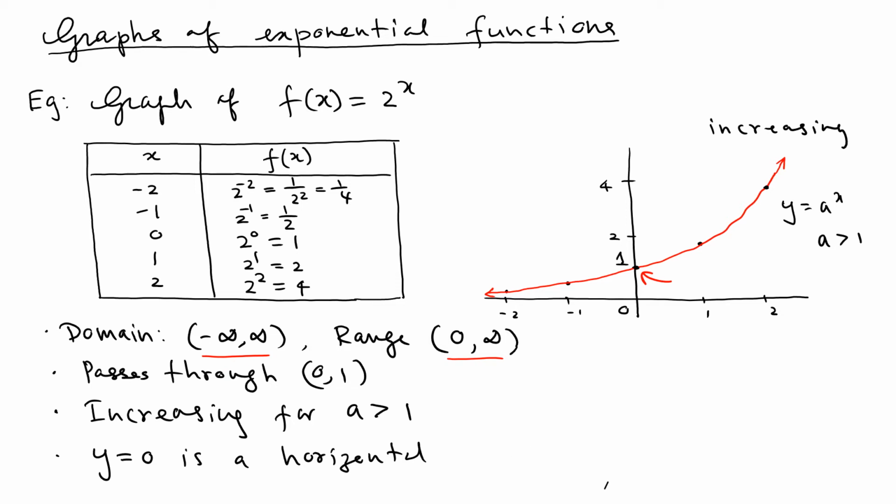Those are the basic properties of an exponential function for a greater than 1. You can also see that the graphs of other functions where a is greater than 1 have a very similar format, because it's just another number. For example, f of x equals 3 to the x has a very similar graph.